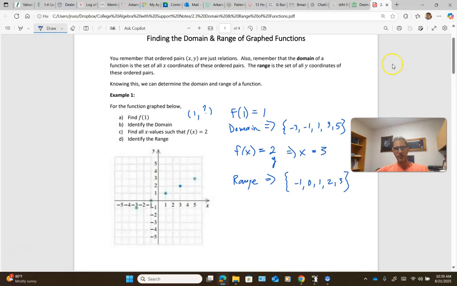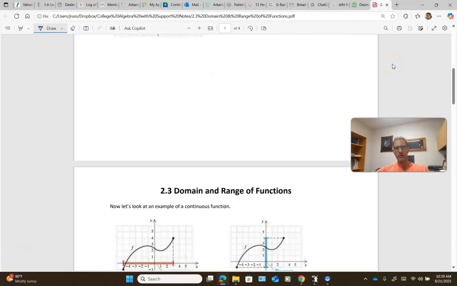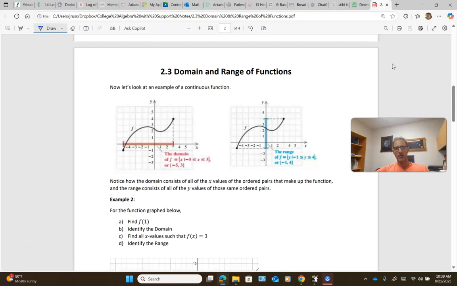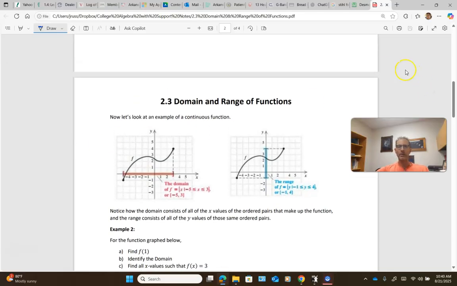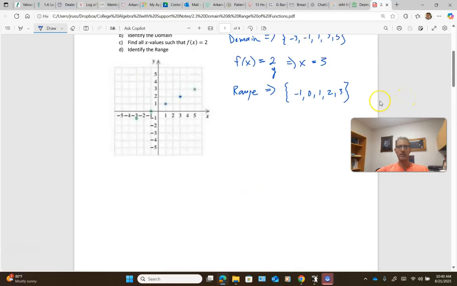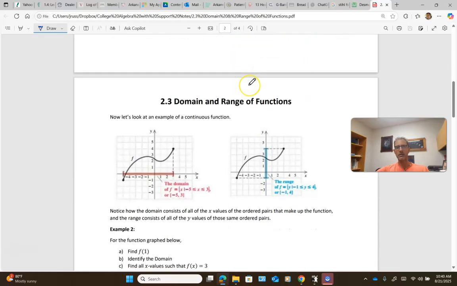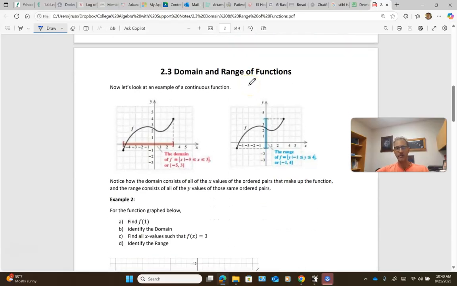Alright, well, let's move on to one a little bit more complicated. Actually, before we do that, let's look at this last example, I told you this is not a continuous function, okay? So let's look at an example of a function that is continuous.